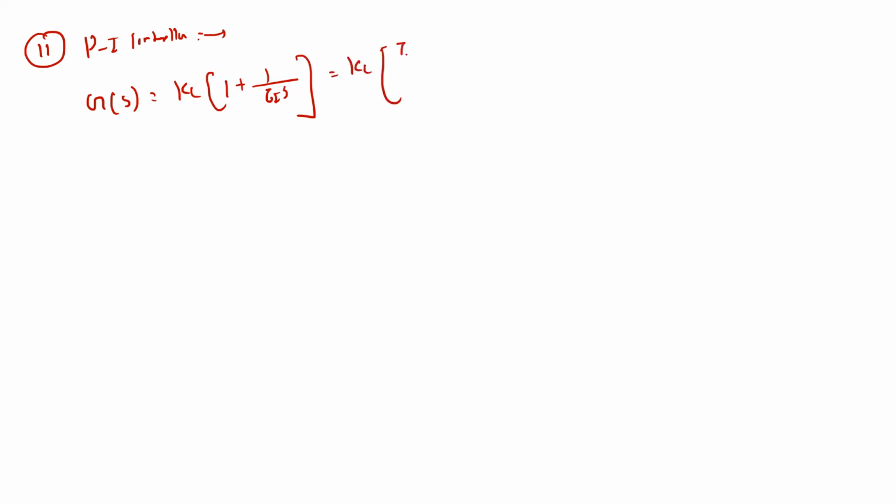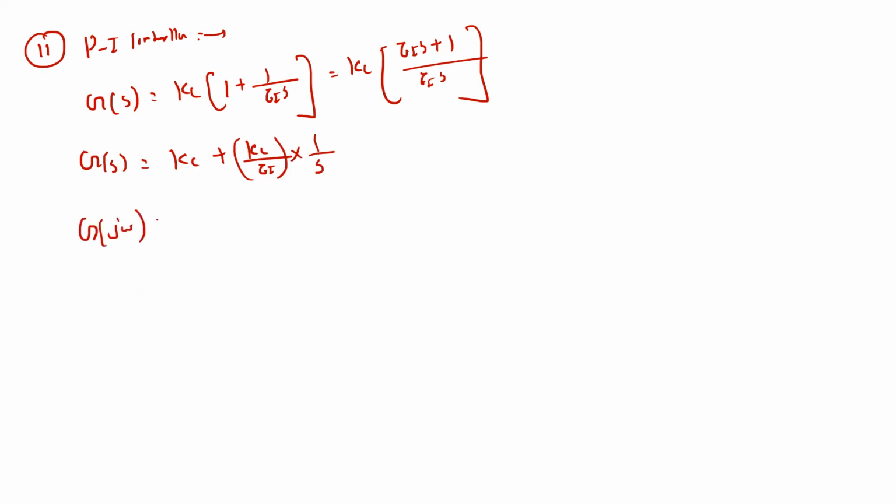So can I write Kc into (tau I s plus 1) divided by tau I s? Or we can write Gc is equal to Kc plus Kc upon tau I into 1 upon s.